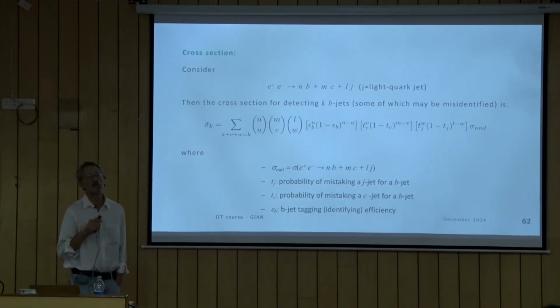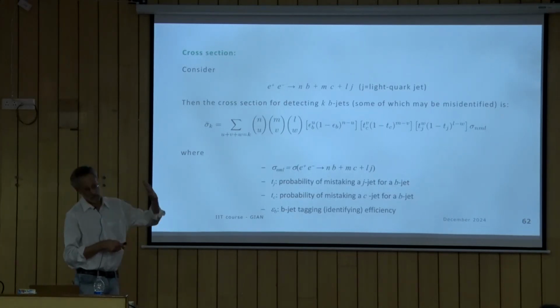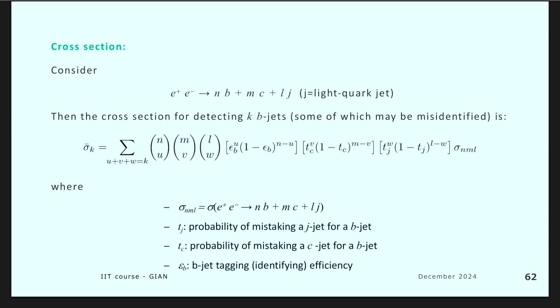That is not that I have k B quarks. It has a certain chance of having a different number of actual B quarks, less than k, and mistaken C quarks and light quarks for B quarks. And you have to take all that into account.